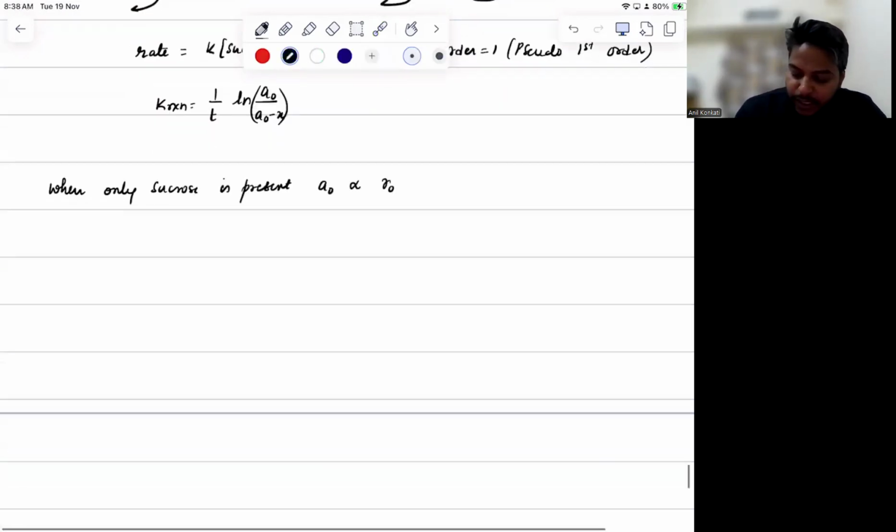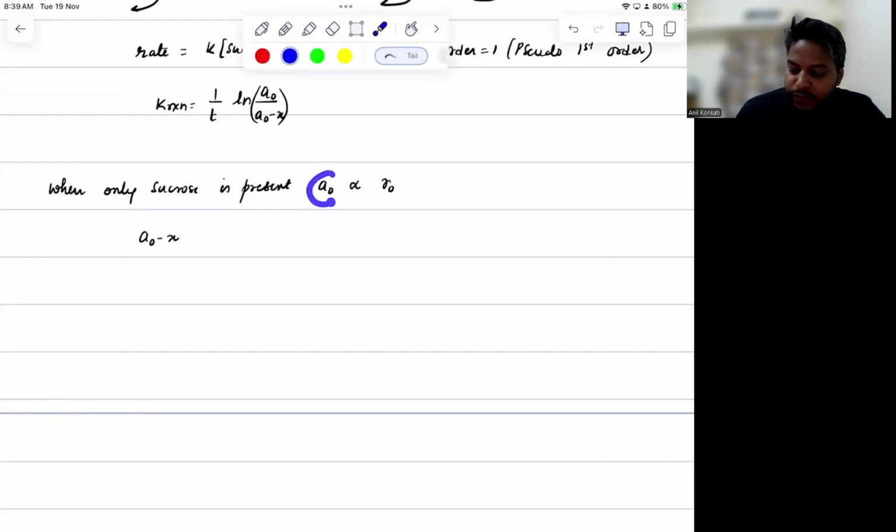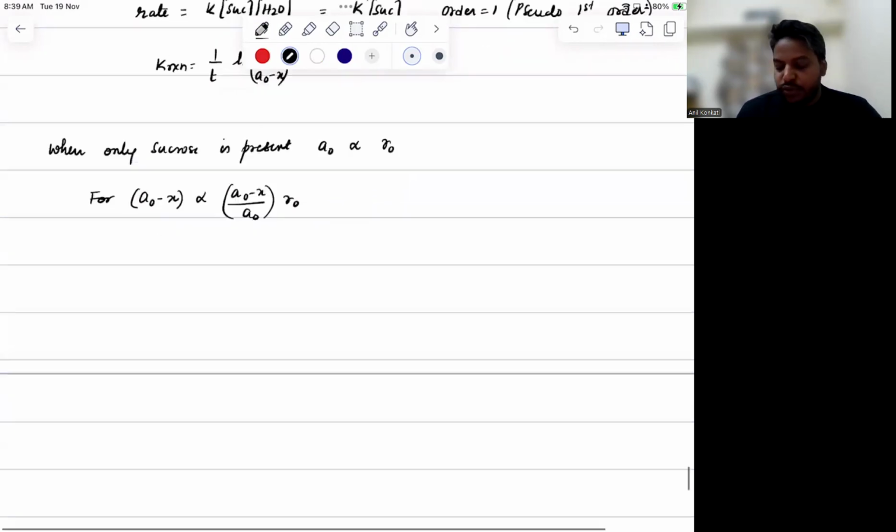Next, we have A naught minus X, correct? So you can notice that for A naught moles, if R naught is the rotation it can make, for 1 mole, it can make R naught by A naught. So for A naught minus X moles, it can make A naught minus X by A naught into R naught. This much is the rotation sucrose can make. Clear?